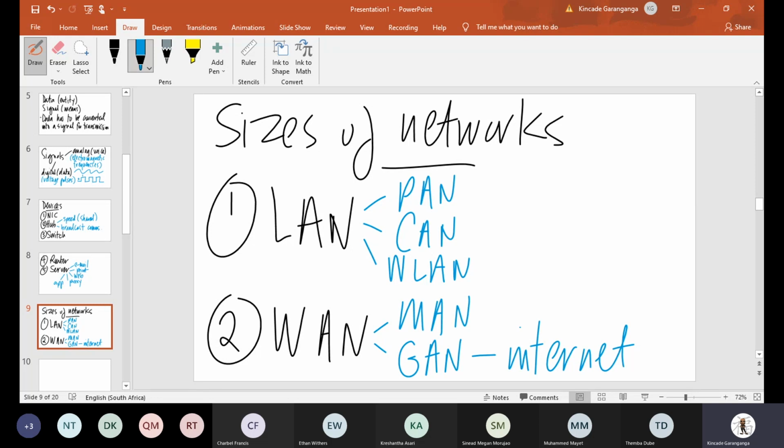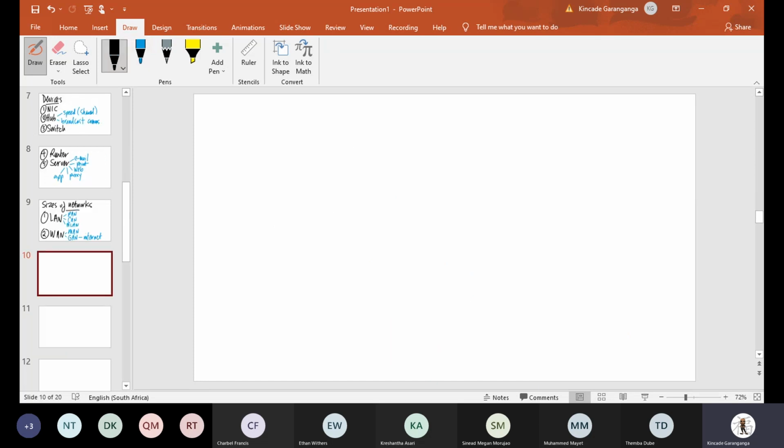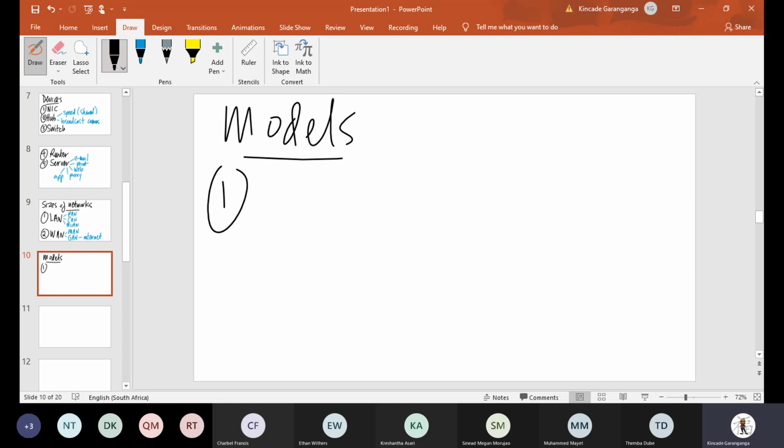So that looks at actual sizes, and then when you discuss the models, right? Looking at the different models that exist, we were just mentioning earlier on the client server and the peer-to-peer environment. So the first type of model you find is peer-to-peer.